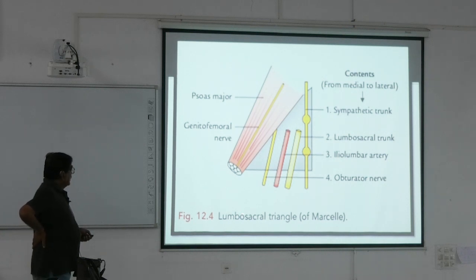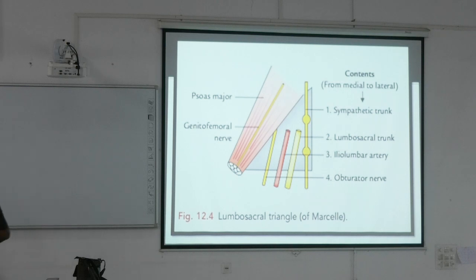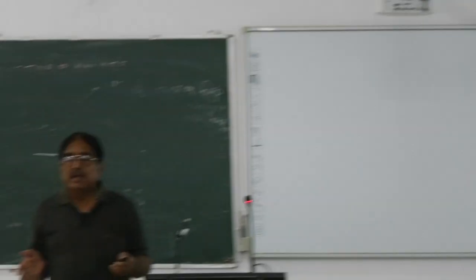Now, the lumbosacral triangle or triangle of Marcelli. This is the triangle. The contents from medial to lateral are sympathetic trunk, lumbosacral trunk, iliolumbar artery, and obturator nerve. This is the relation in the ala of the sacrum from medial to lateral.